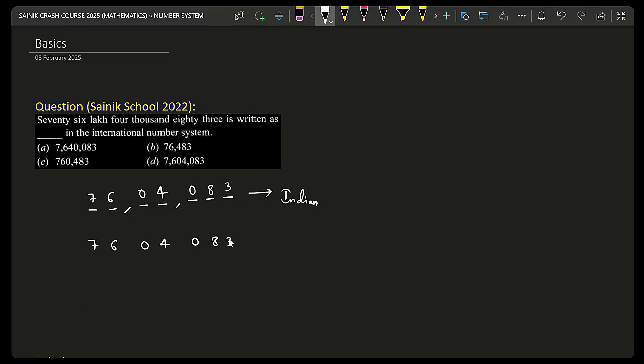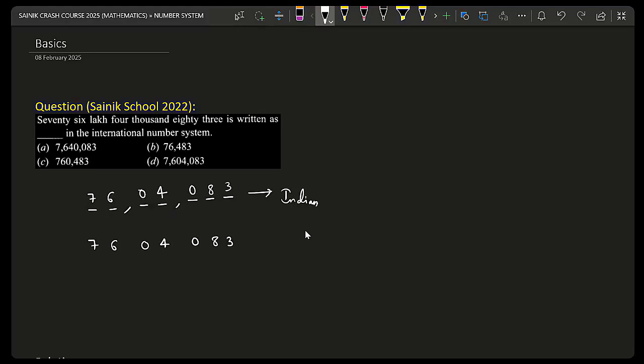7604083. Because they are asking in the international system, we have to place commas according to the international system only, right? Yes, sir. In the international system, how do we place commas, Srivatsav? Just tell me, do we place commas starting from right to left or left to right? Right to left.